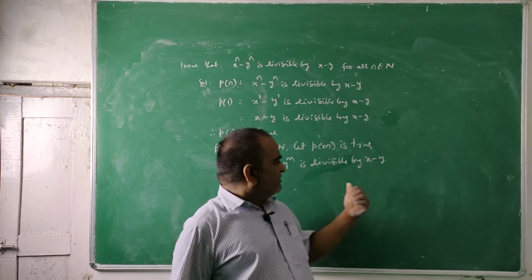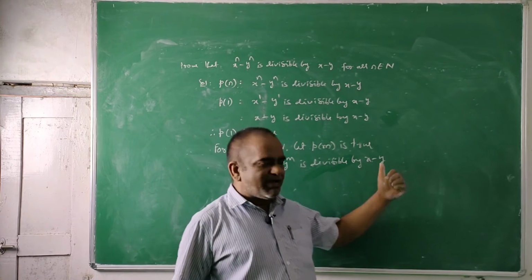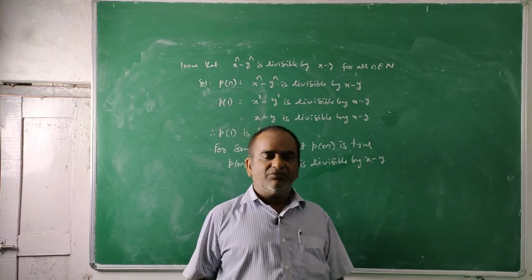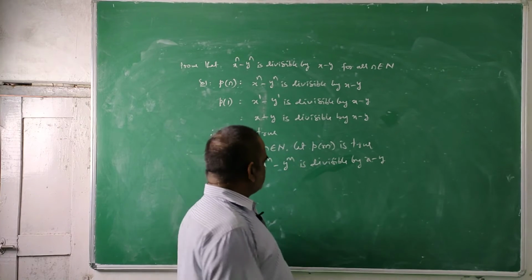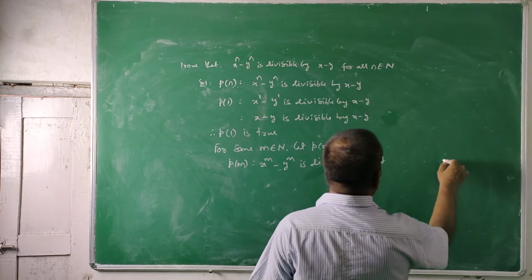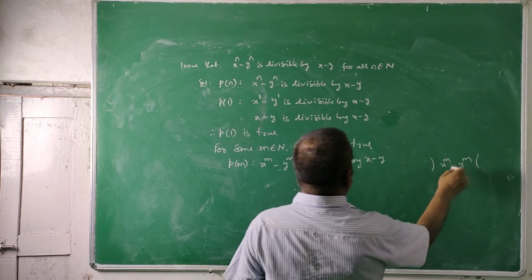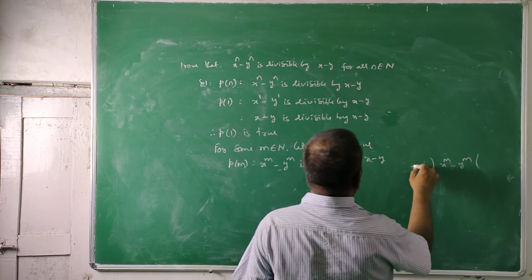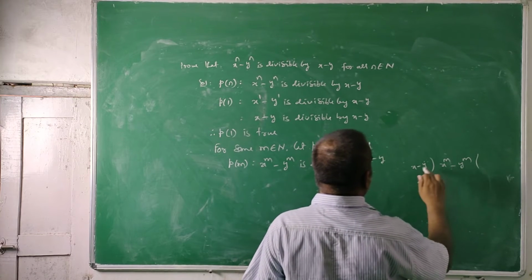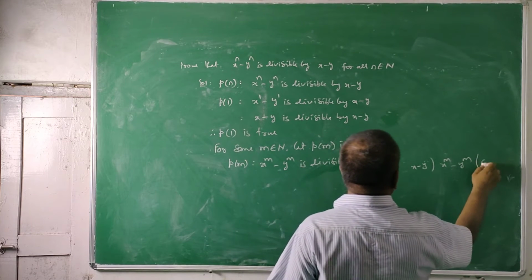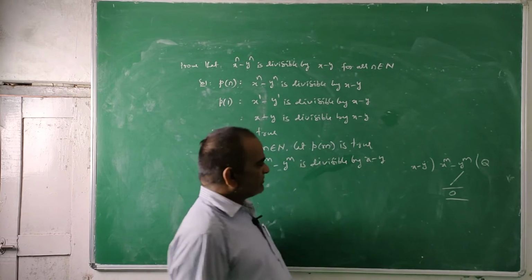As it is divisible by x minus y, when x power m minus y power m is divided by x minus y, you get some quotient, say q, and the remainder 0. For better understanding purpose, I am writing this. When x power m minus y power m is divided by x minus y, as you are agreeing this is completely divisible by x minus y, you get some quotient q, and finally you get the remainder 0.